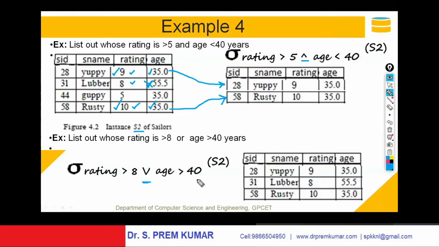Or age greater than 40. Coming to age greater than 40, this Lubber is satisfying the condition. Here age greater than 40 is false, false. And hence you will get UP in the output. And you will get Lubber, because the age condition is satisfied.